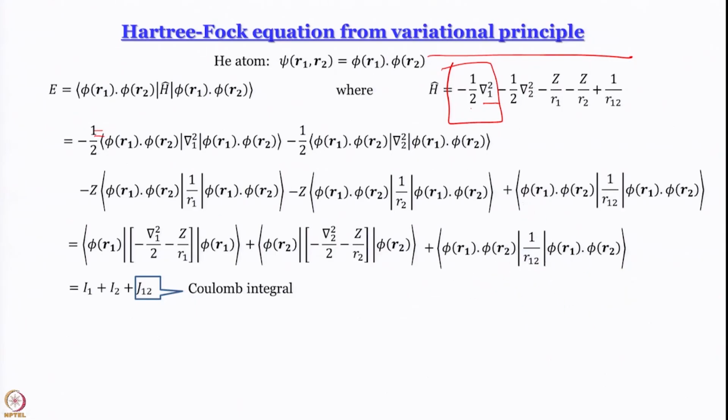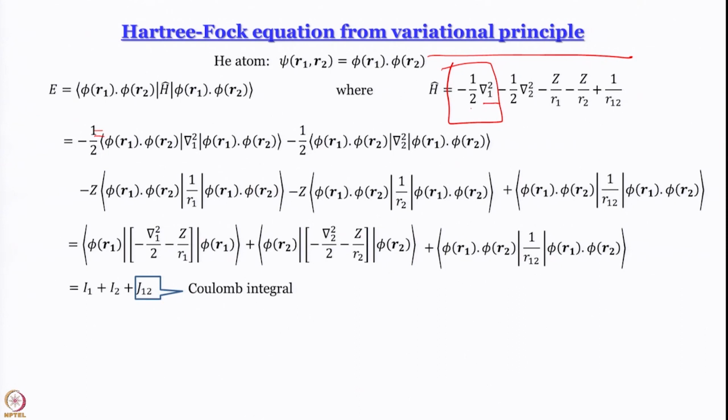Later on, when we talk about bonding, we will encounter Coulomb integral once again. Additionally, we will encounter something called an exchange integral. And as we will see, it is not possible for us to have a classical mechanical analog of exchange integral. Coulomb integral we can sort of make sense of by classical mechanics, not so for exchange integral, which will come when we introduce one more nucleus. Right now we do not have to worry about it.